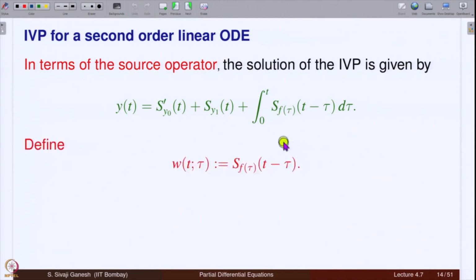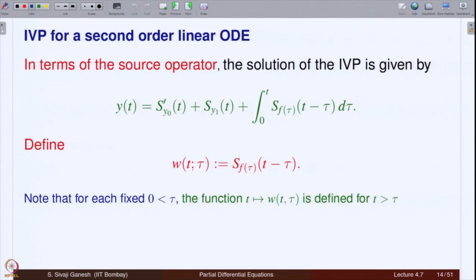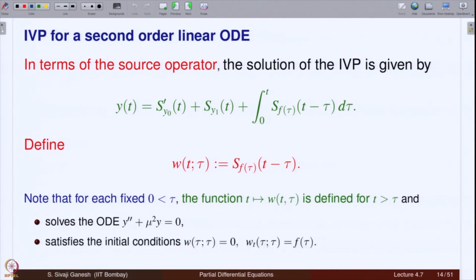Let us define the integrand to be a function of t with the τ hanging around. So, w(t; τ) = S_f(τ)(t − τ). We will observe what w satisfies. For each τ positive, the function w as a function of t is defined for t bigger than τ and it solves the homogeneous ODE, and it satisfies initial conditions.